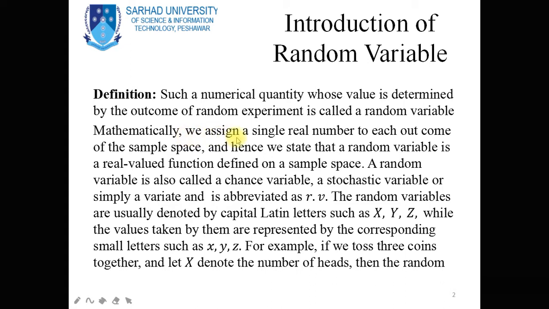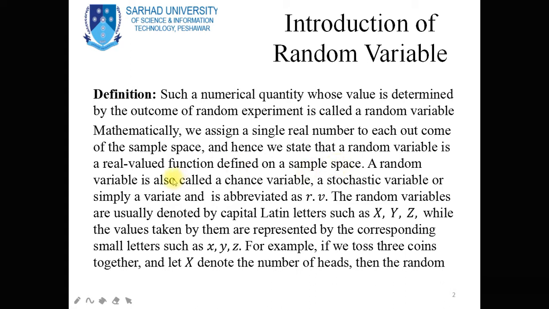Mathematically, we assign a single real number to each outcome of the sample space, and hence we state that a random variable is a real valued function defined on a sample space.